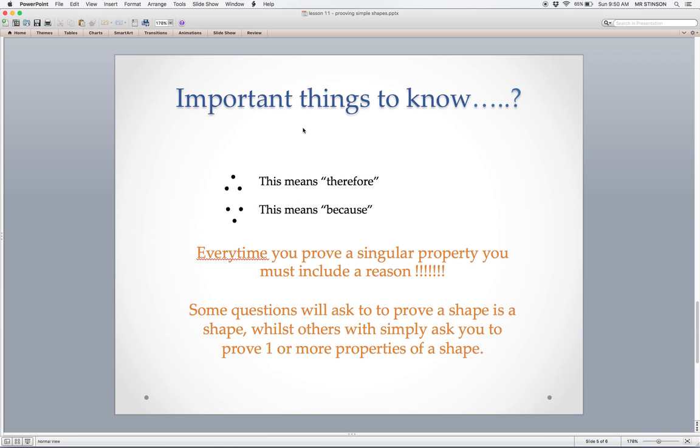Before we go, important things you must know from this lesson is that this symbol here means therefore, and we use this within our geometry proofs many times. If we flip the symbol upside down, this means because.